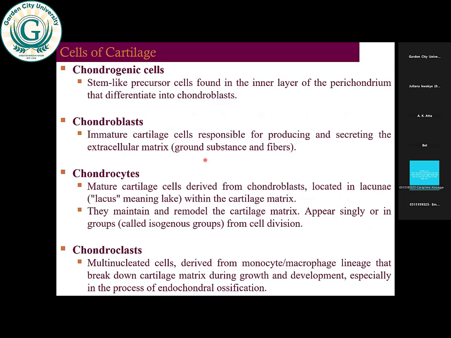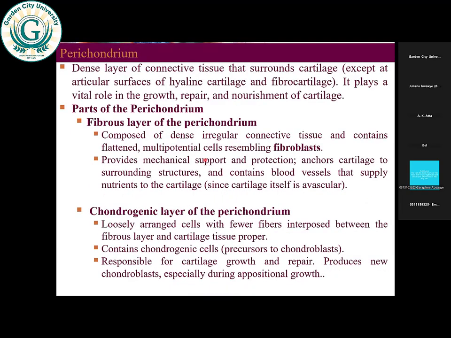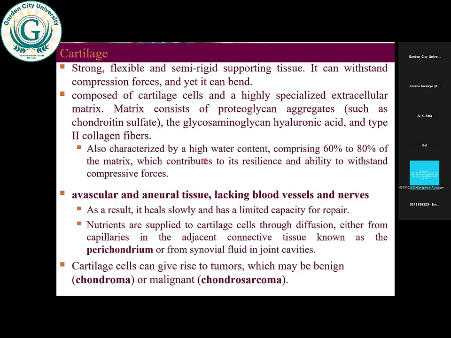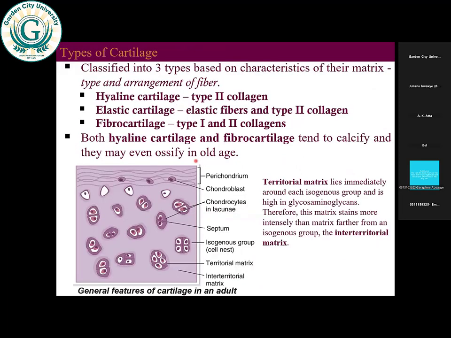Then with respect to vessels, I said that they don't have blood vessels and they don't have nerves. Although they don't have blood vessels, they have a perichondrium. This perichondrium is found in hyaline cartilage, except the articular cartilage, and they are also found in elastic cartilage.